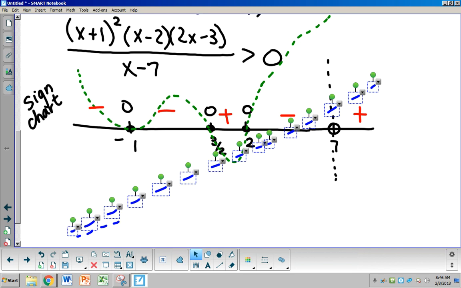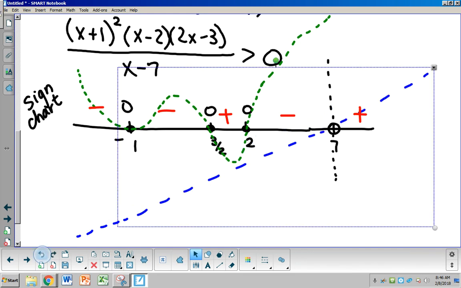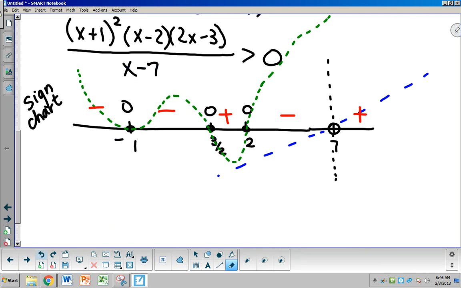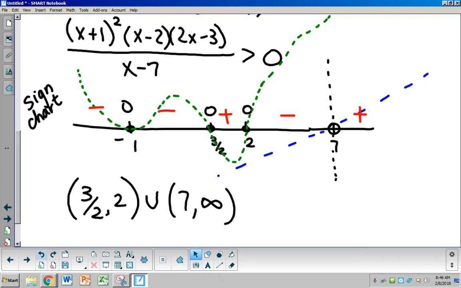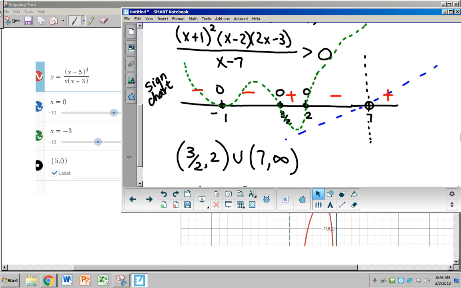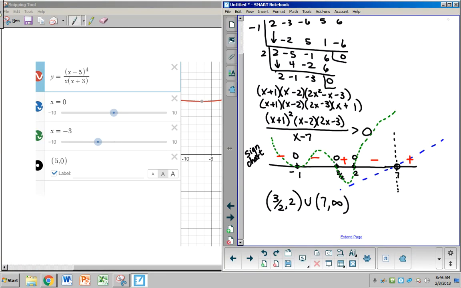So what do we get? 3 halves to 2 was open, right? Because it's non-inclusive. In union with 7 to infinity.